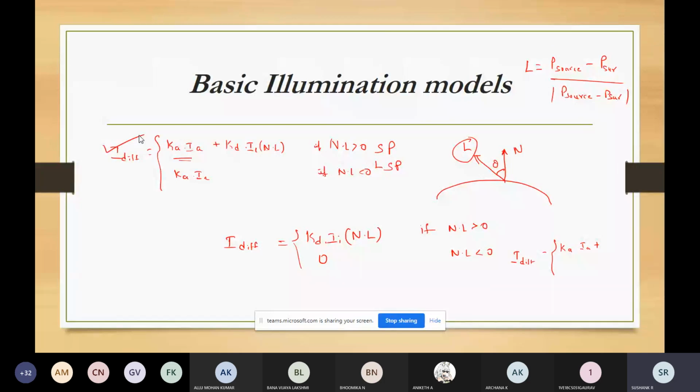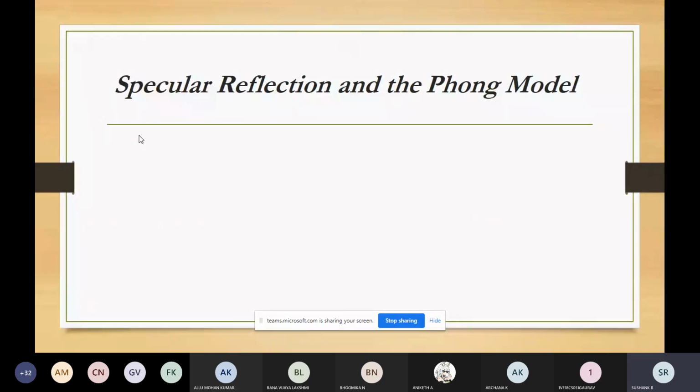So we have one more reflection, which we will call the specular reflection, and the Phong model. Here there is a surface, and we have some vectors: vector L, vector N, the angle between them is theta.